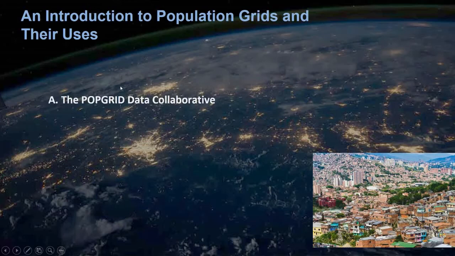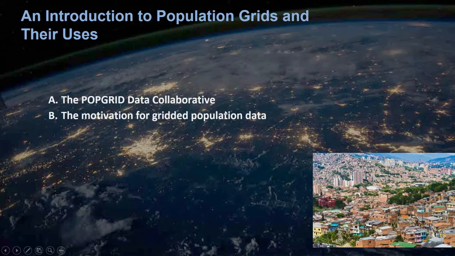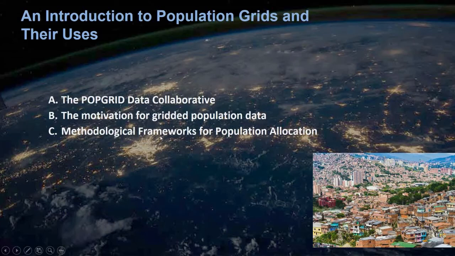We will cover different aspects of POPGRID, the POPGRID Data Collaborative itself, explain a few facts about what this collaborative is doing. We will give you some motivation for gridding population data, talk a little bit about methodological frameworks for population allocation and the creation of final data products.